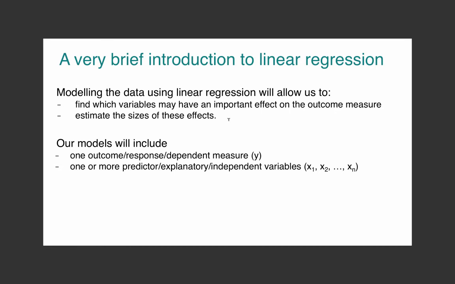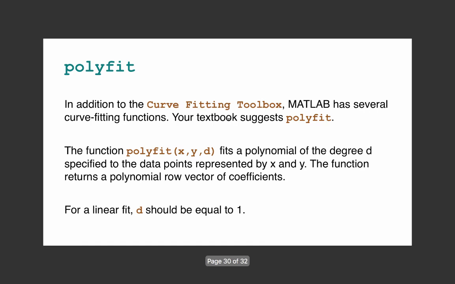So our models will include one outcome, which is also called a response or a dependent variable, y, and one or more predictors, also called explanatory or independent variables, x1 through to xn. Of course there's this curve fitting toolbox, which you should have access to on Turing, and also with the student licenses that UNE has.